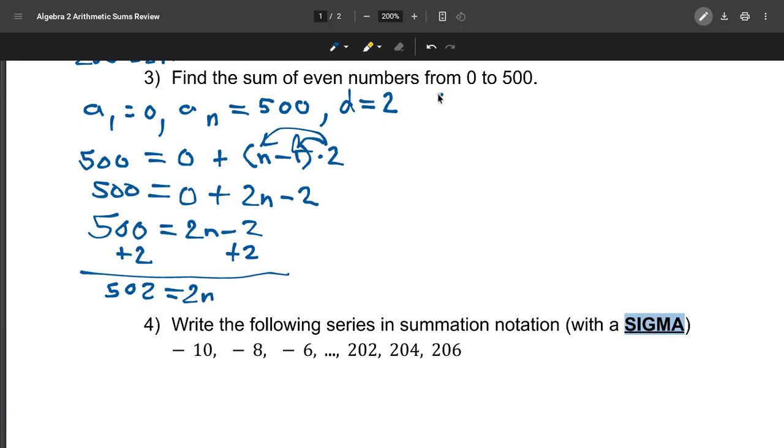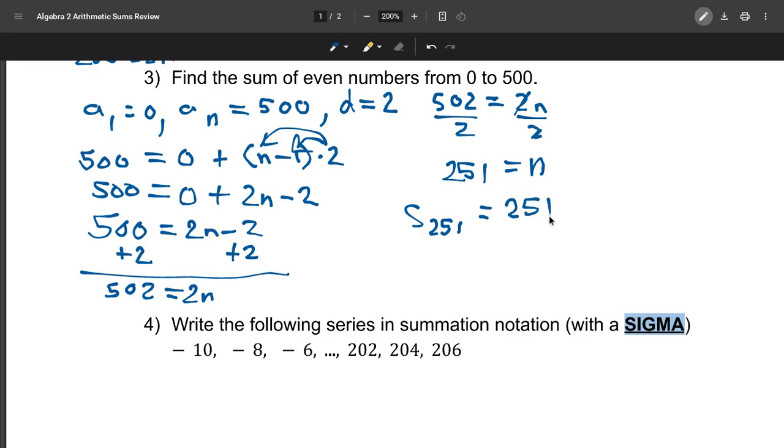Let's bring that up here. So 502 equals 2n. Divide both sides by 2. These cancel and you get n equals 251. So the sum of the 251 terms equals 251 divided by 2 times the sum of 0 plus 500.